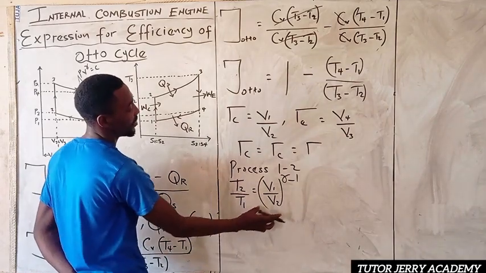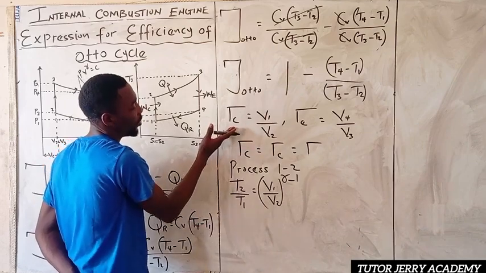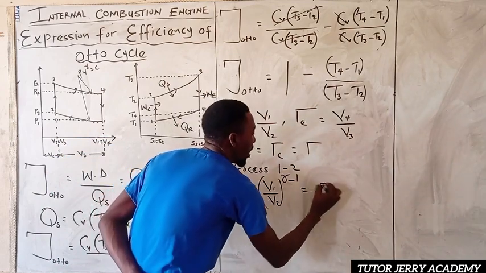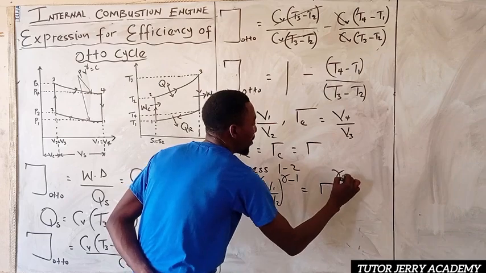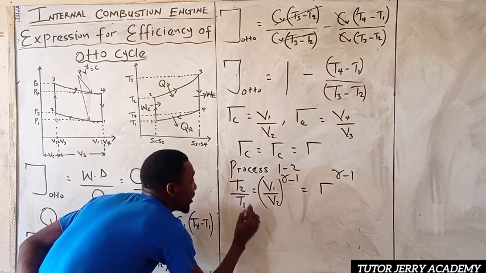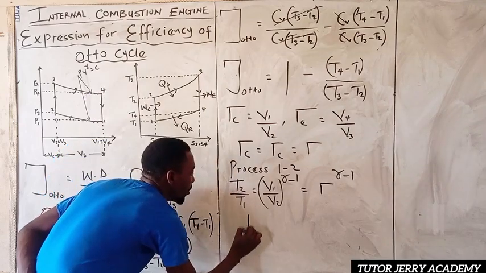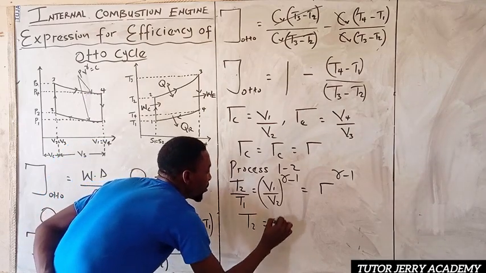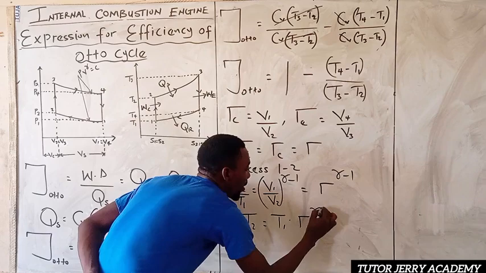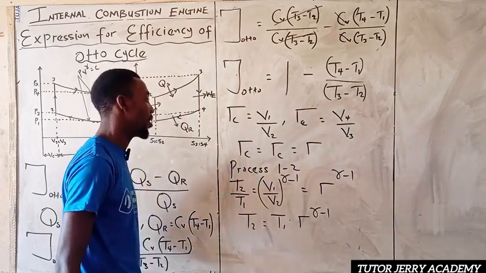And we just stated that V1 all over V2 is nothing but compression ratio, which is R. So we can replace this to be equals to R to the power of gamma minus 1. All right. So now let's make T2 the subject. T2 will be equals to T1 multiplied by compression ratio to the power of gamma minus 1. All right. So that is what we are going to have.